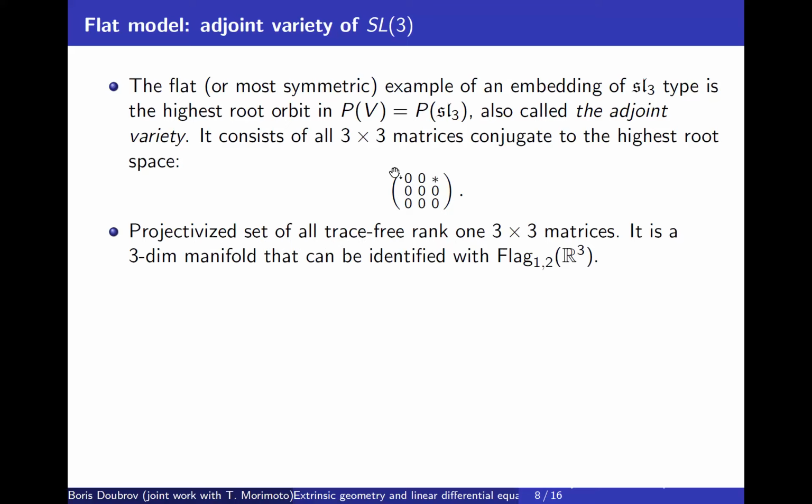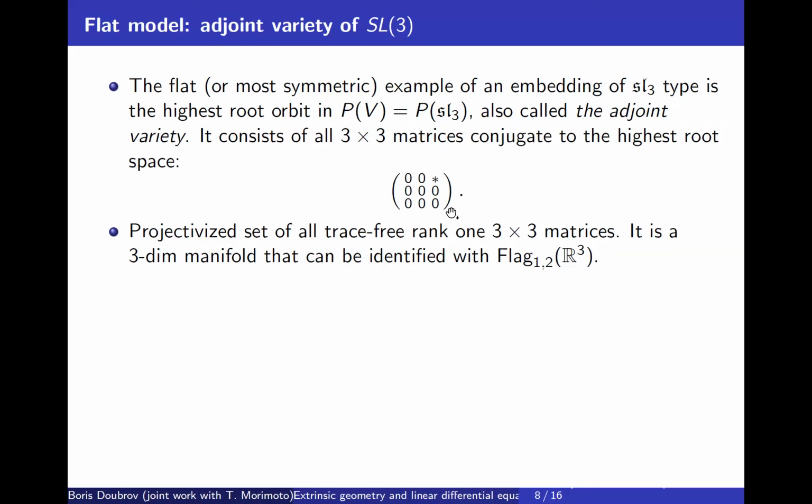It's clear that if you conjugate this matrix, it is still rank 1 and still trace-free, and actually any rank 1 trace-free matrix is conjugate to this one up to a scale. So this adjoint variety, a complicated word, is nothing but rank one trace-free 3x3 matrices.